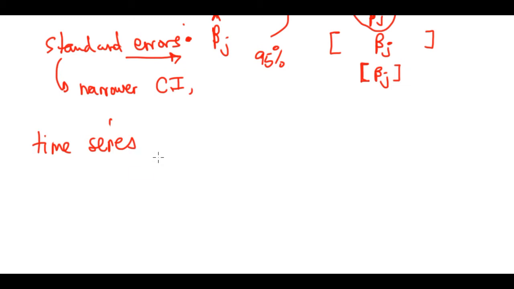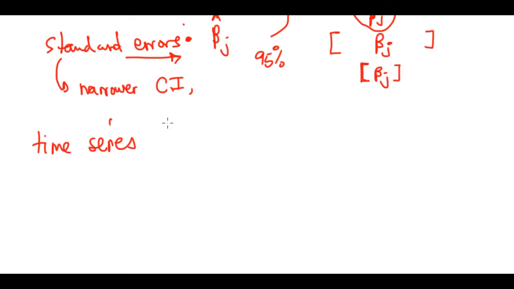What you might find is that points that are adjacent to each other will be positively correlated. That is a normal consequence of correlation in time series, right?